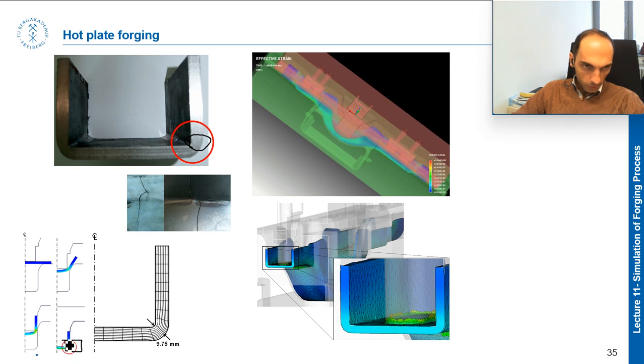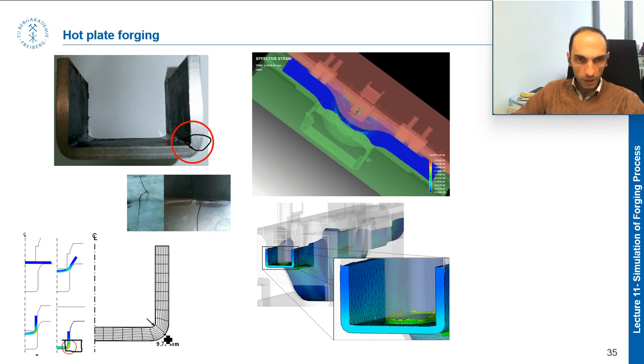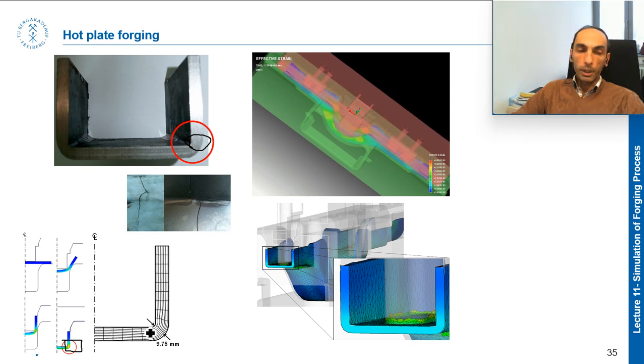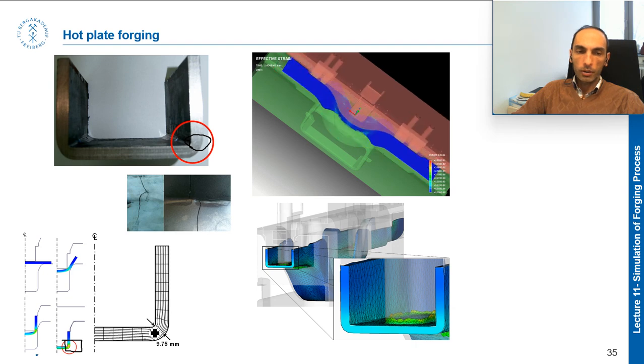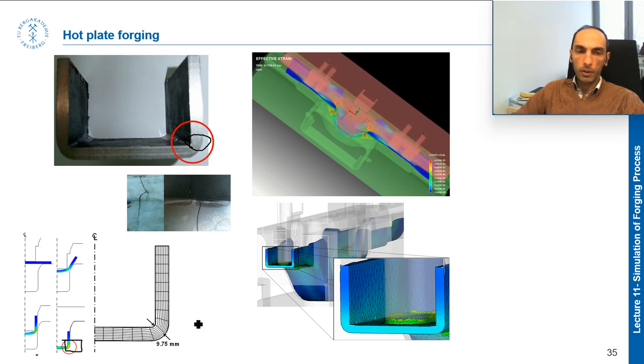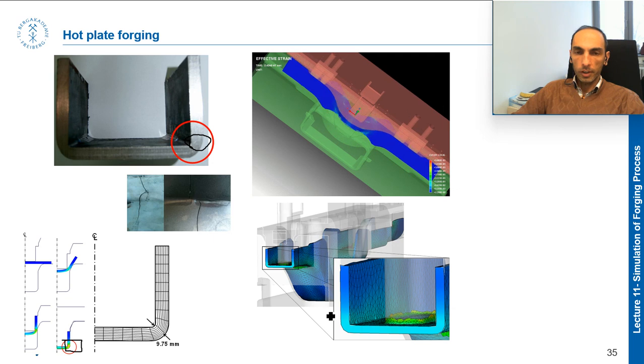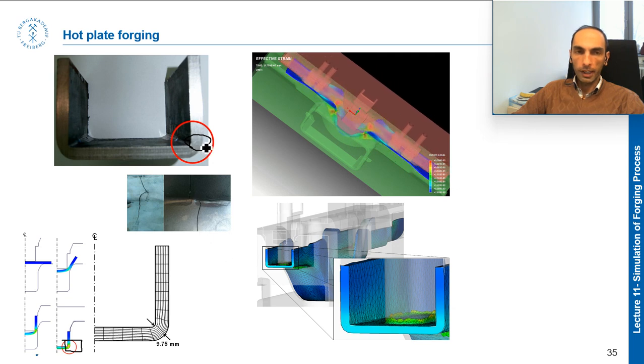Such a defect is predicted here in the simulation. So maybe by changing the radius of the corner here, or by changing the frictional condition, we can solve this problem and remove such necking here.